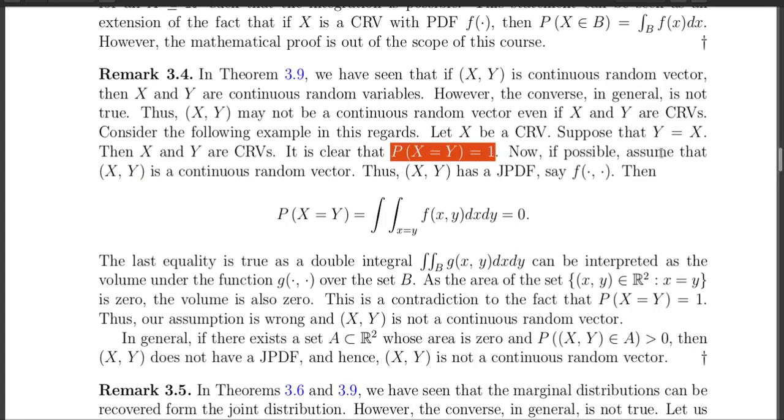Now, if possible, assume that (x, y) is a continuous random vector. Then it has a joint PDF, so assume that the joint PDF is small f.